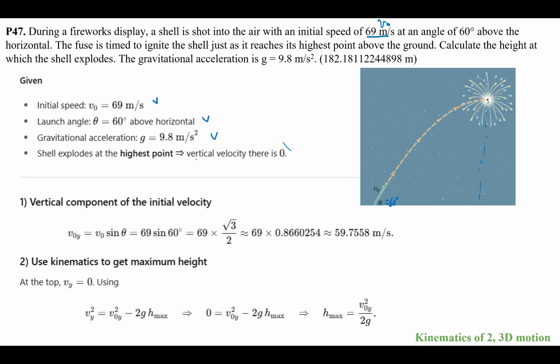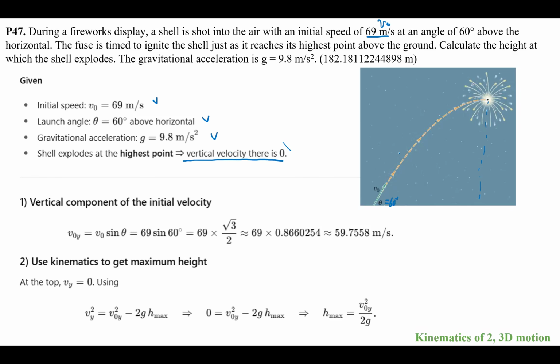We need to notice that at the highest point the vertical velocity is 0. So at the highest point, there's no upward or downward velocity.